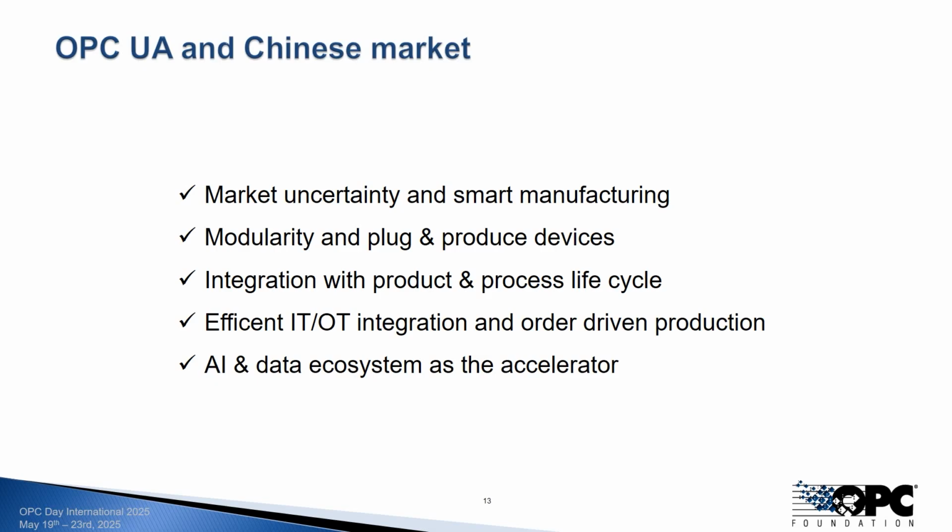Once the integration jobs are simplified, highly integrated systems such as order-driven production or smart production level 4 will become cost-effective and widely used. As you see, in all those scenarios, OPC UA is playing the key role.